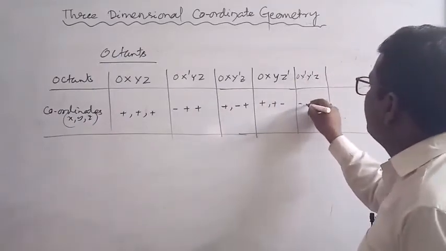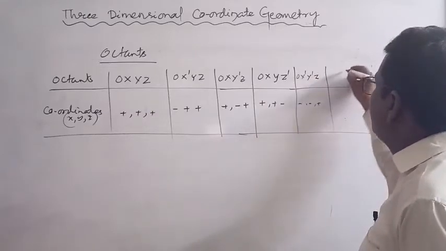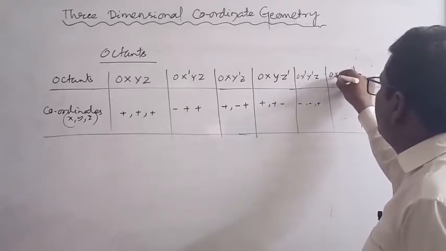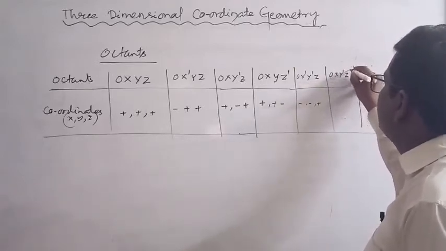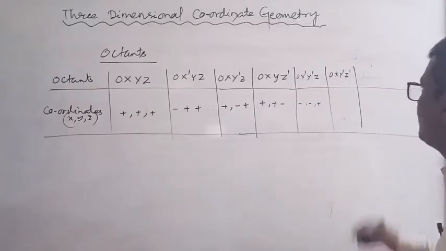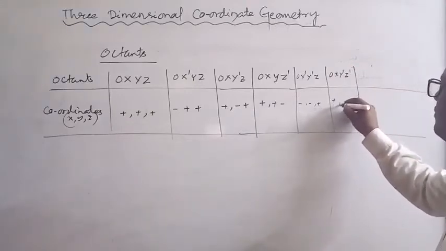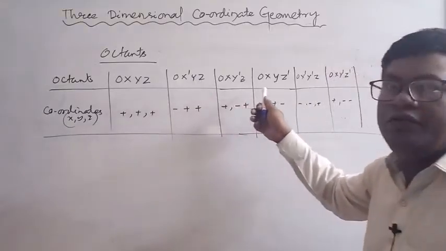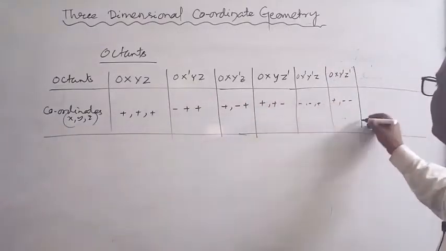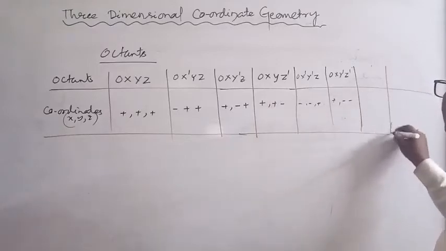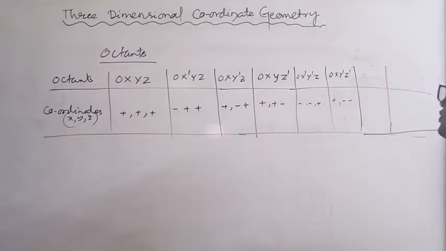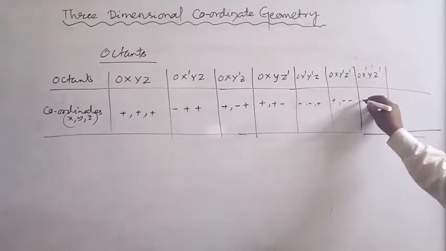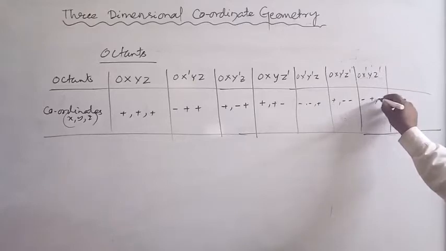O x y' z' is equal to what? Plus, minus, minus. Number 6, and this is 7, that is O x' y z': minus, plus, minus.